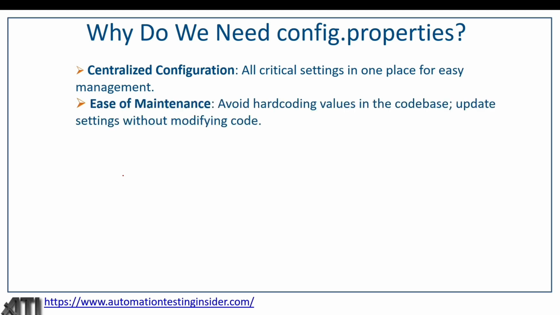Ease of maintenance: avoid hard coding values in the code base. There is no need to hard code the values inside our other classes, right? We can have all the configuration settings in one place and use them across different test classes or other classes, and update settings without modifying the code.